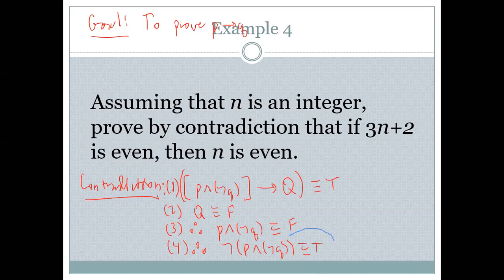The negation of this is just equivalent to not P or Q, which, by the way, is logically equivalent, as we know, to P implies Q. That's exactly right. So that establishes the validity of contradiction, yes?